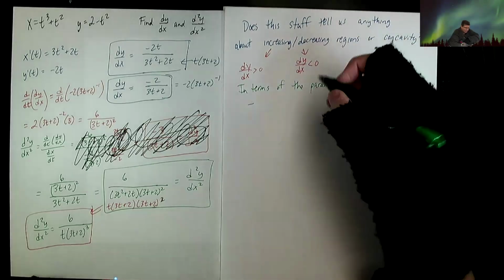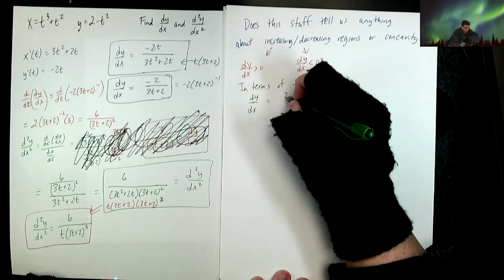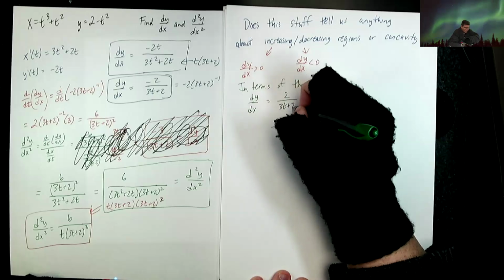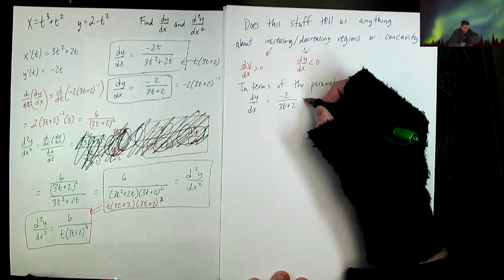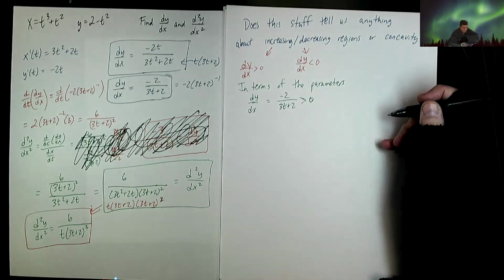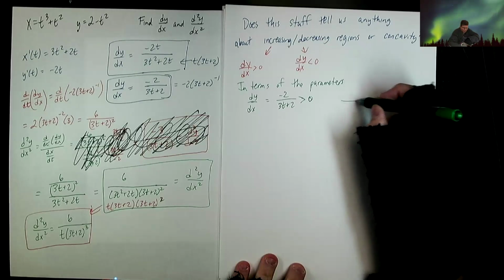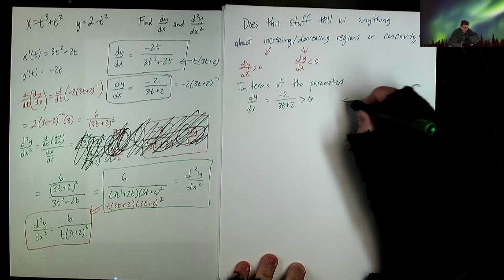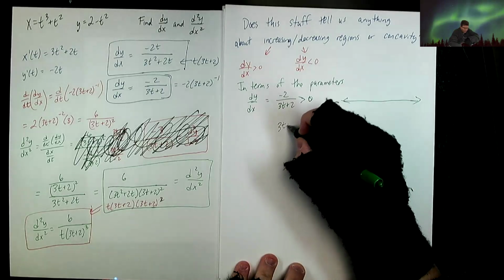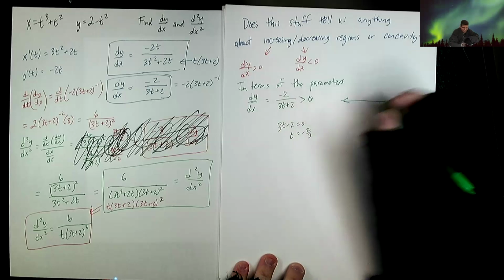Well, let's take a look at it. We had dy/dx equaled -2 over (3t plus 2) squared. If we're looking for where that's greater than 0, the only spot that's crucial is where the bottom equals 0. t equals -2/3.